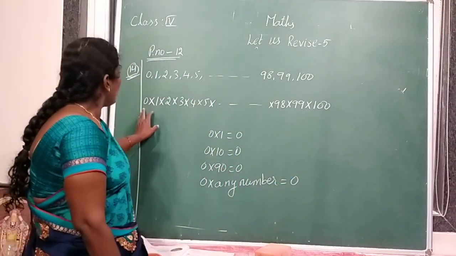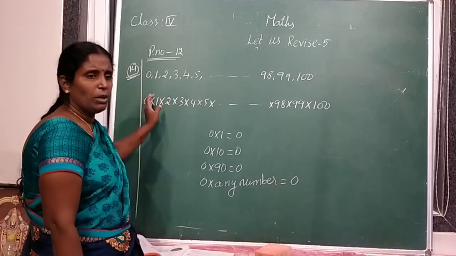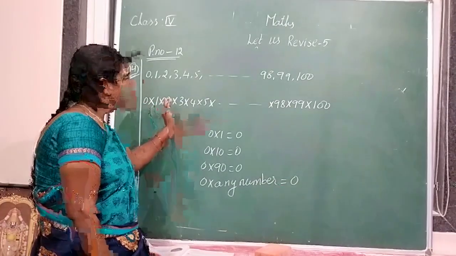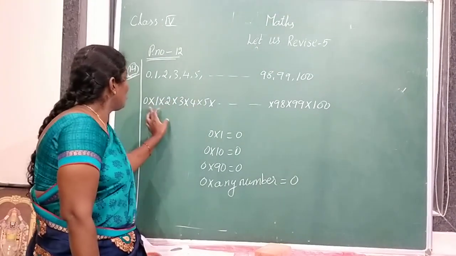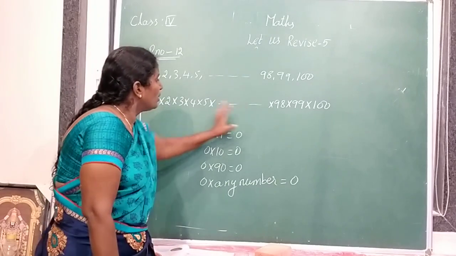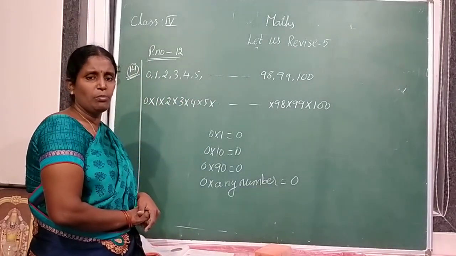So here the product of 0, 1, 2, 3, that means we have to multiply each and every number from 75 till 100. What is the product?